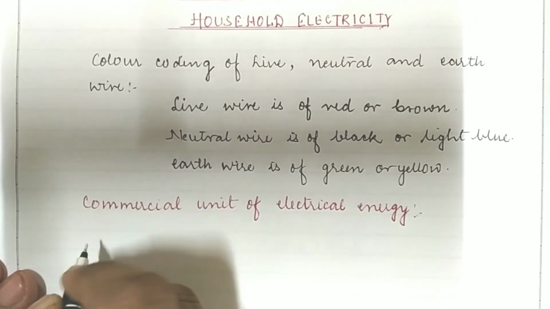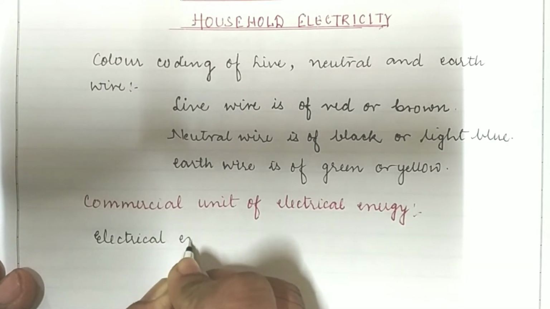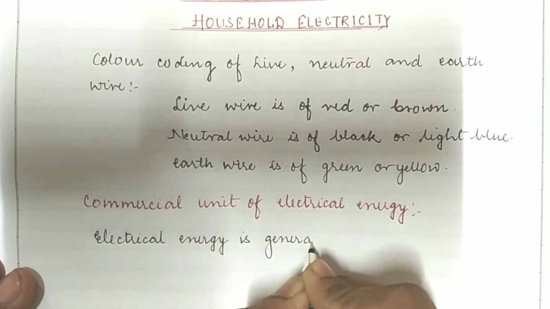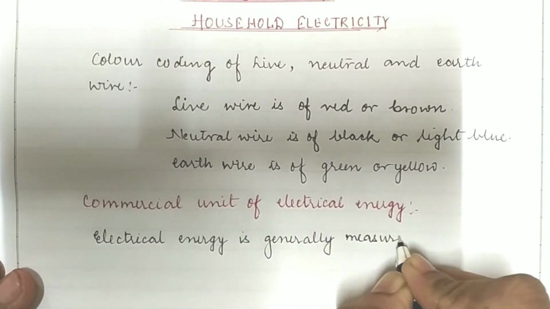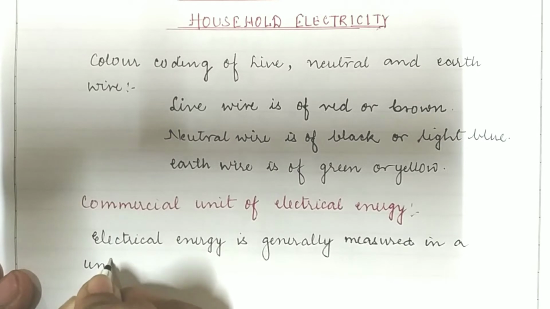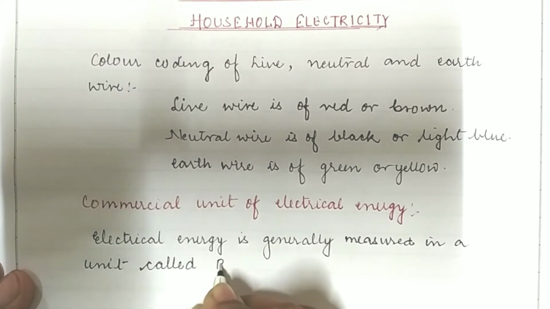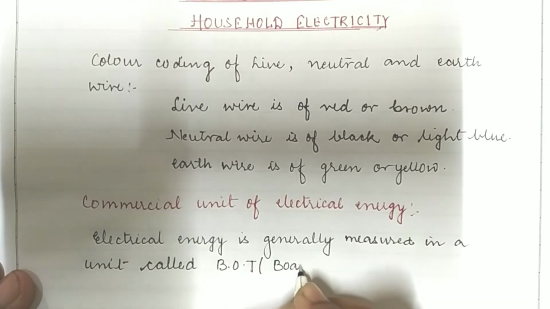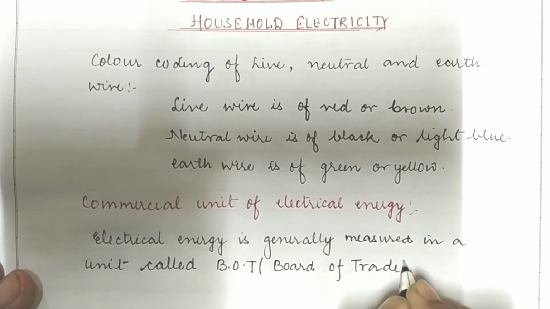Okay children, so what I am going to write over here is that electrical energy is generally measured in a unit called B.O.T., whose abbreviation is Board of Trade, meaning the unit for which we pay a certain amount of money.